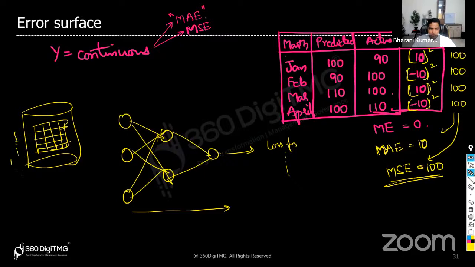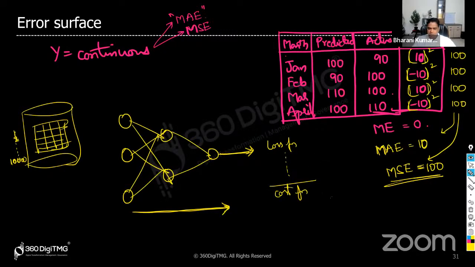If you have 1,000 observations, pass each and every observation through your network, calculate the loss for each and every observation, then aggregate them to get the cost function.